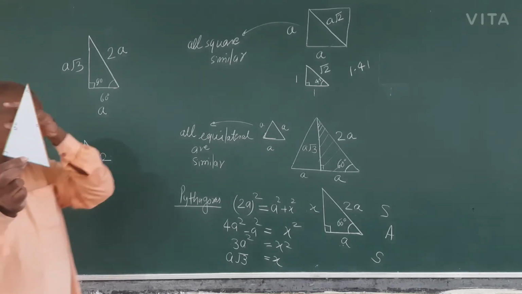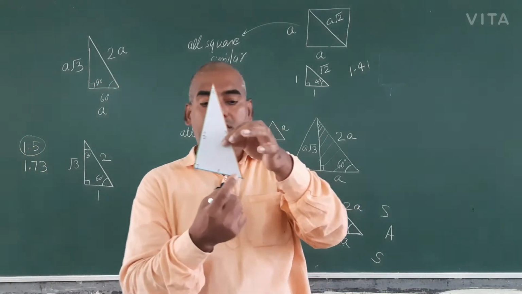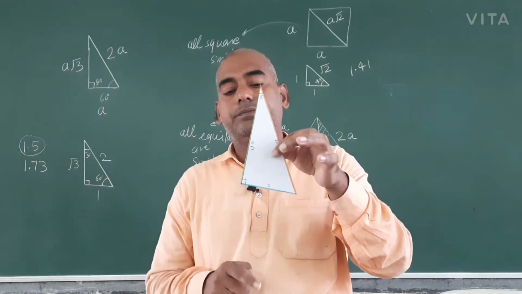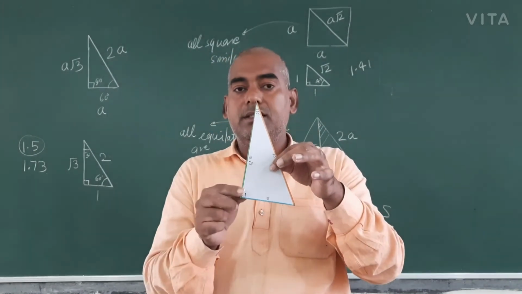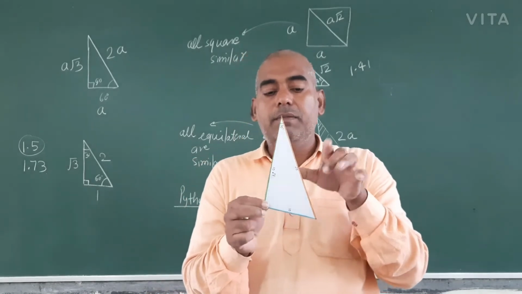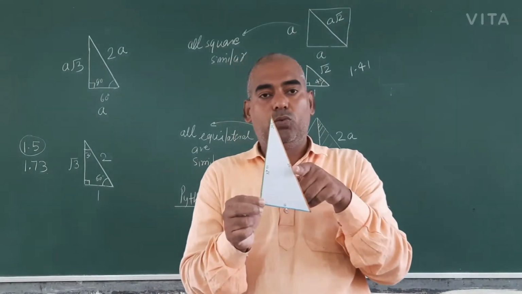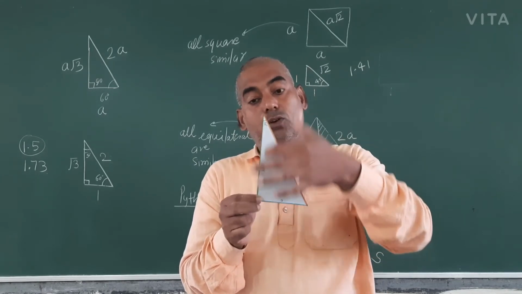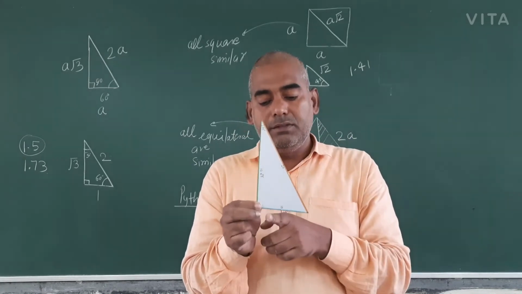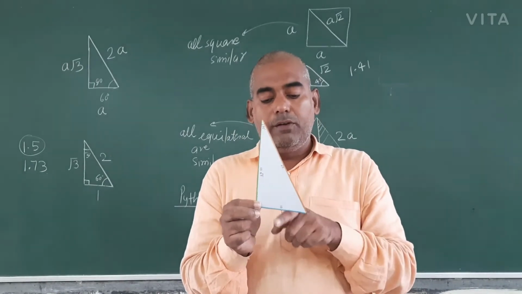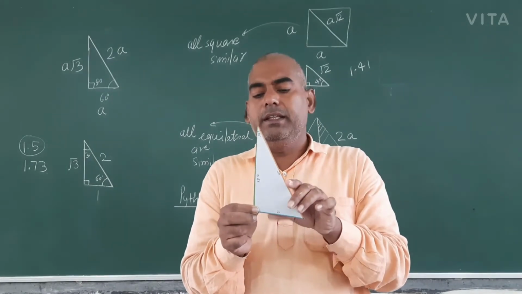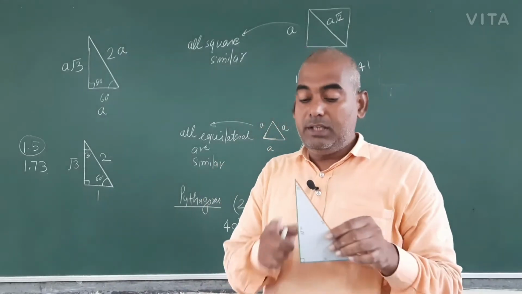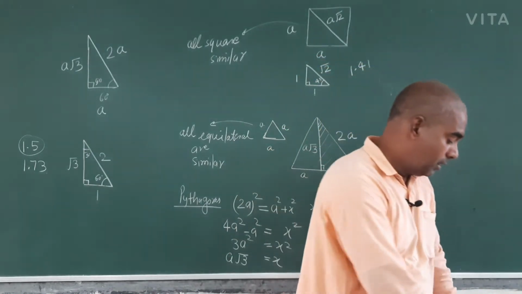In any right angle triangle with 60, 30 and 90 degrees, the highest side will be the hypotenuse, and that will be 2. The lowest will be opposite the 30 degree. This is 1, and this will be double of this, and that will be root 3. So these are the ratios.